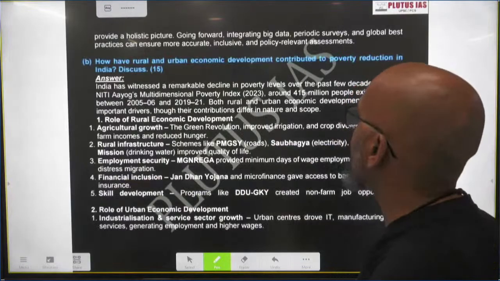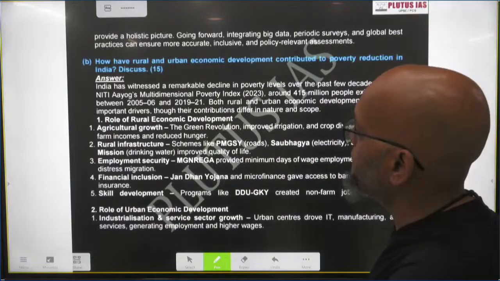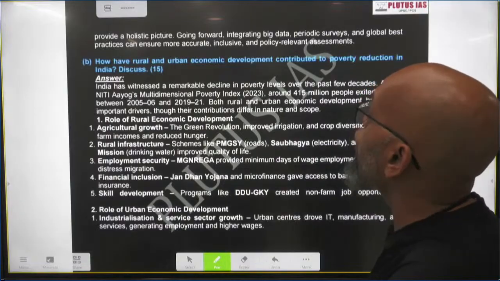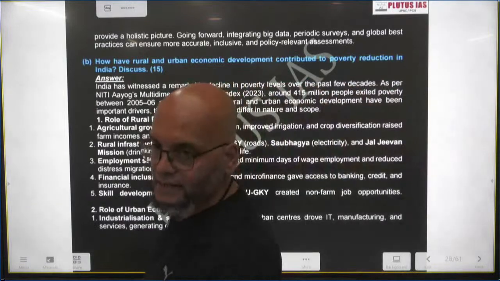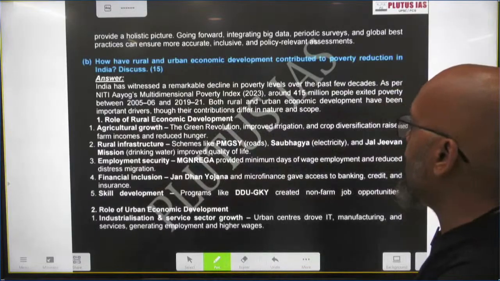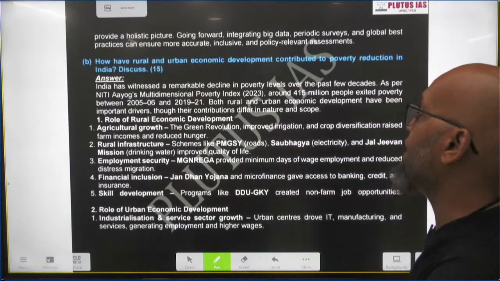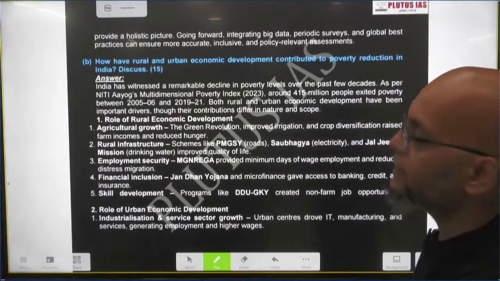Going forward, integrating big data, periodic surveys, and global best practices can ensure more accurate, inclusive, and policy relevant assessment. Next is, how have rural and urban economic development contributed to poverty reduction in India? Discuss.